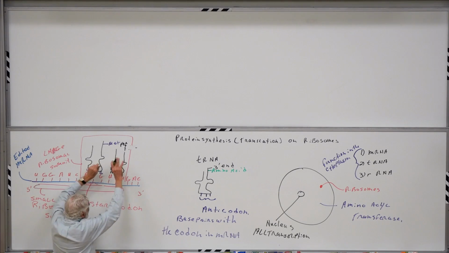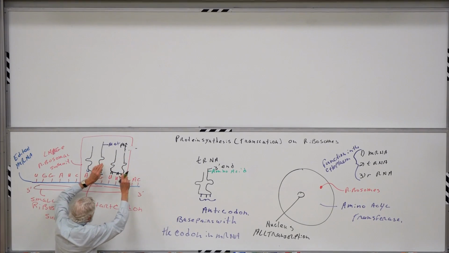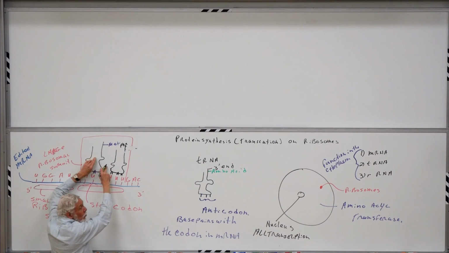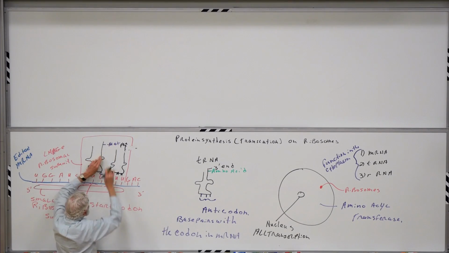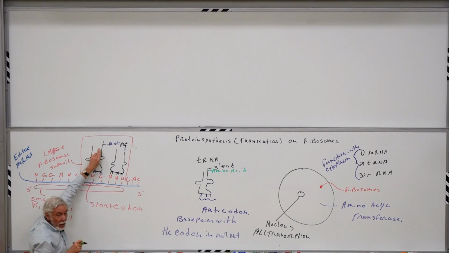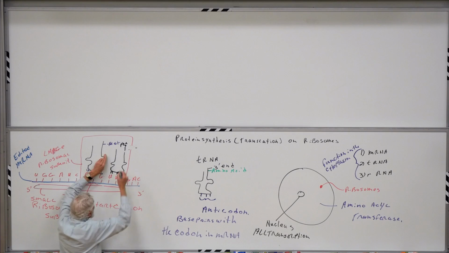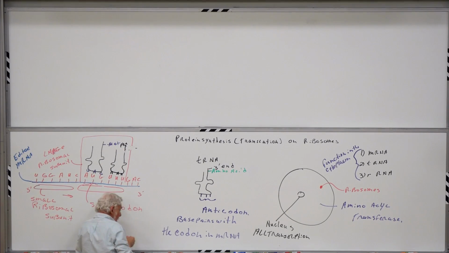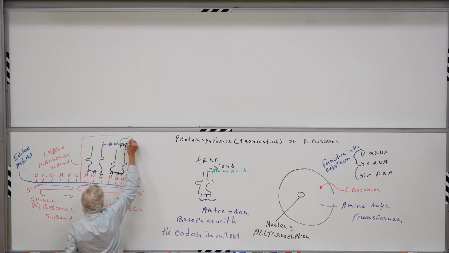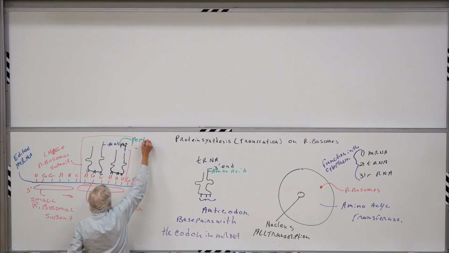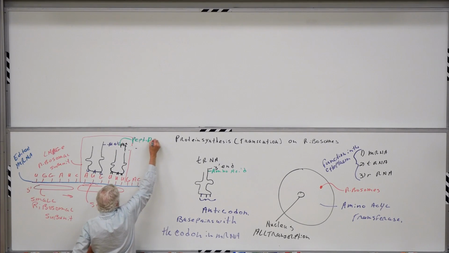Now, what will happen when these two are lined up is that the large ribosomal subunit will do 2 things. It will cut loose this methionine from its acyl bond to the transfer RNA and form a new bond between the methionine and the phenylalanine, called a peptide bond.